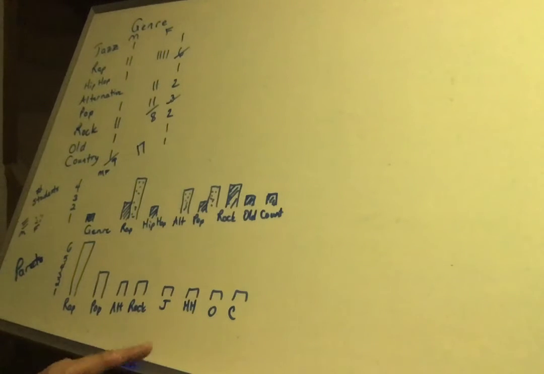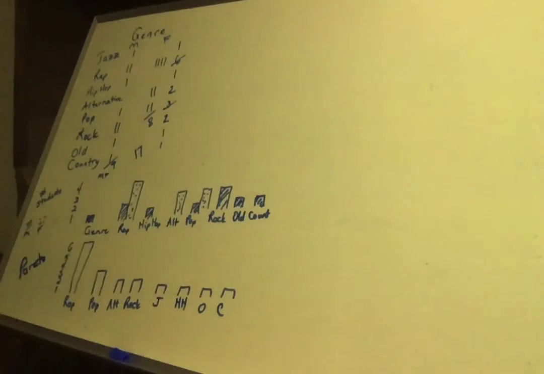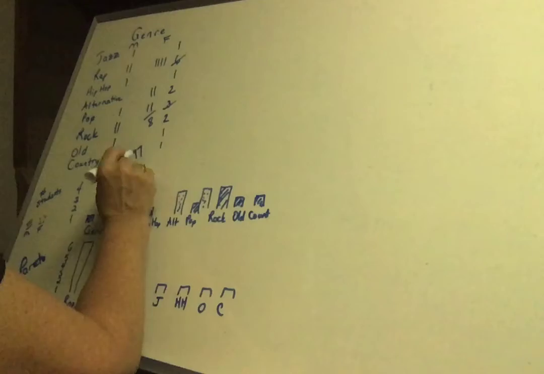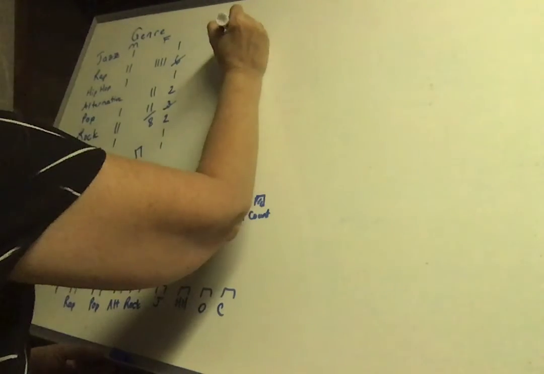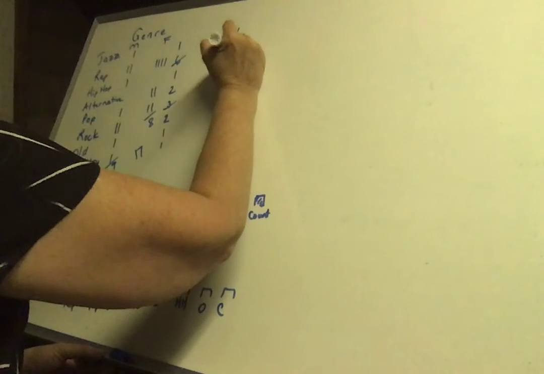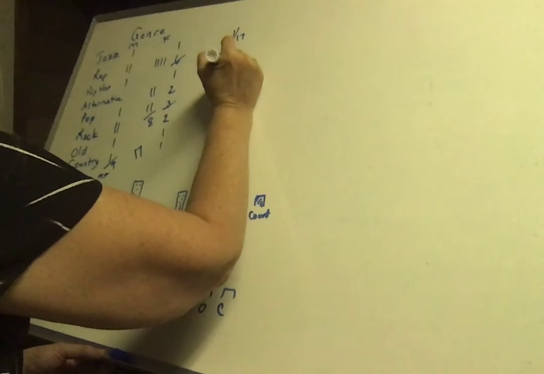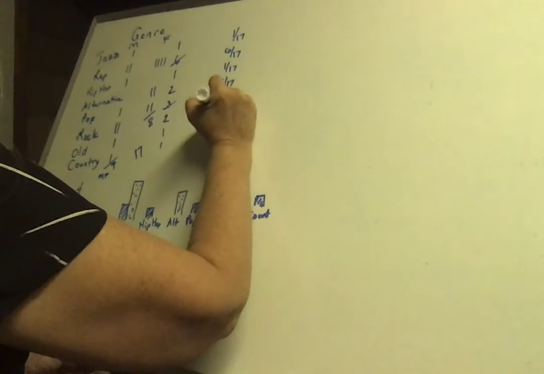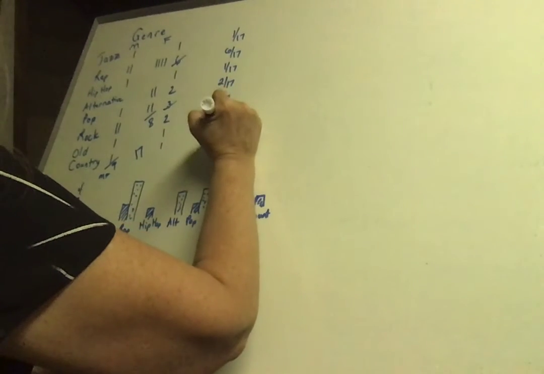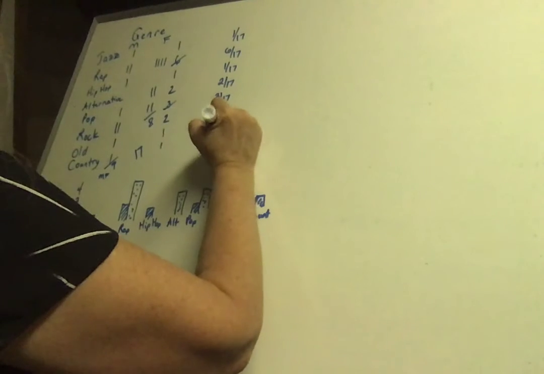Okay, here's another thing we do with these, make a circle graph. So same information, there are 17. So I'm going to put jazz 1 out of 17, 6 out of 17, 1 out of 17, 2 out of 17, 3 out of 17, 2 out of 17, 1 out of 17, 1 out of 17.